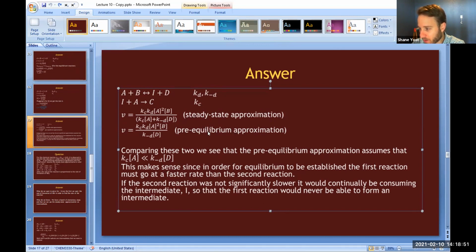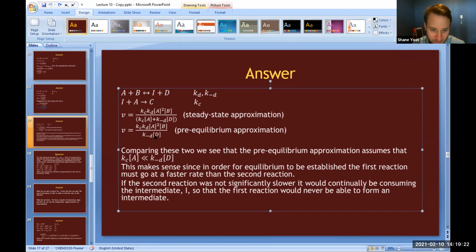In the pre-equilibrium approximation, I assume Kc times concentration of A is extremely small compared to K minus D times concentration of D, so that this denominator simplifies down to K minus D times concentration of D. And so you can typically get the pre-equilibrium approximation from the steady state approximation, not guaranteed every time.